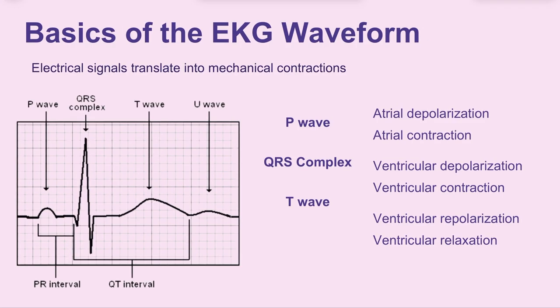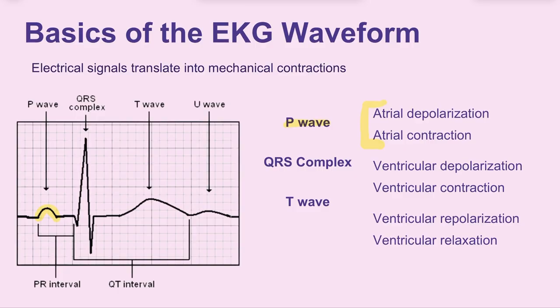Now, the basics of the EKG waveform that we're going to go over here is that electrical signals are translating into mechanical contractions. This is the foundation of everything that we need to talk about here. So if we've got the P wave to start us off, the P wave can be denoted by this waveform here on the EKG. The P wave represents atrial depolarization, which translates into atrial contraction. So when we see a P wave, we know that it represents the contraction of the atria.